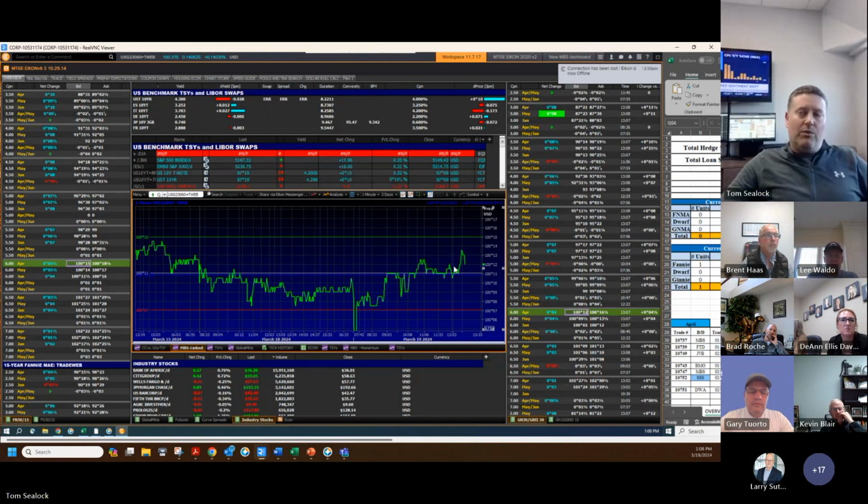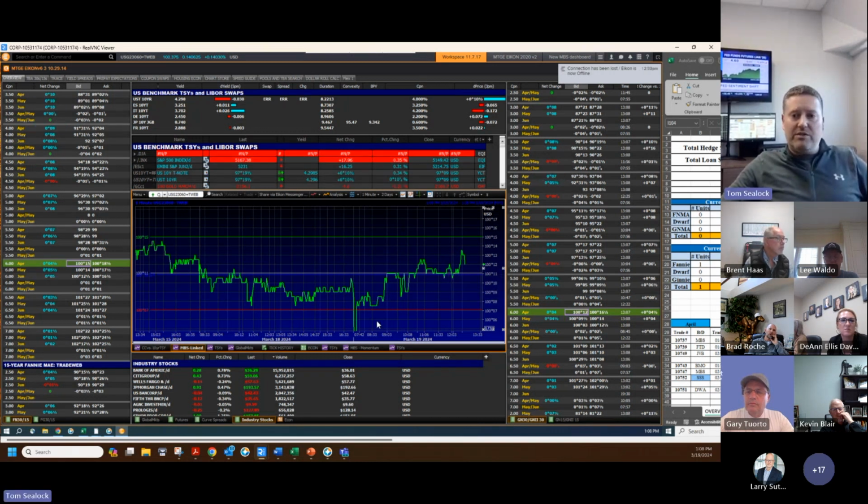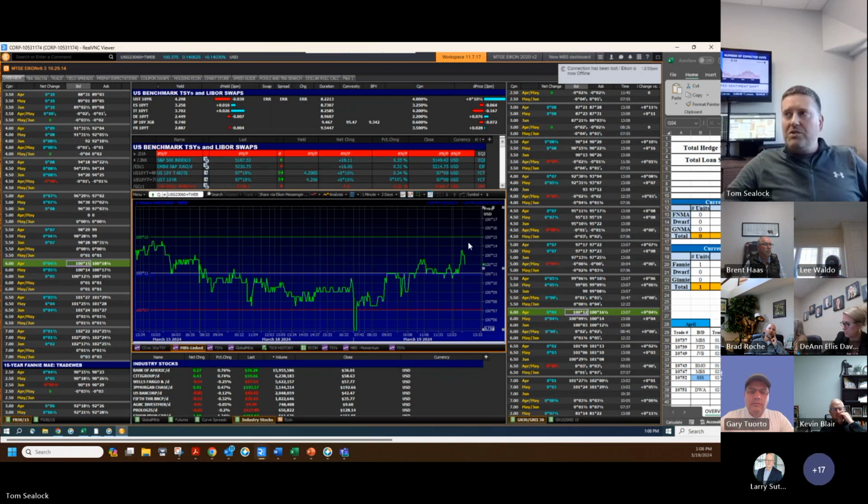The way to think of ticks, not to get too technical, is that 4 ticks is an eighth in price. When our lock desk puts a green line and a red line, we're looking for the market to trigger that 115 on this Ginnie. So let me switch over to the Fannie.